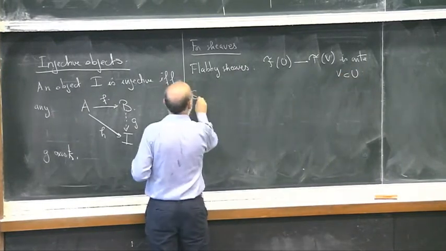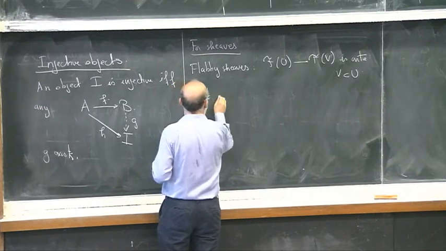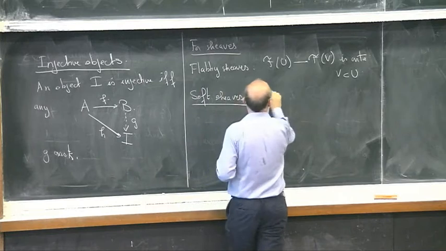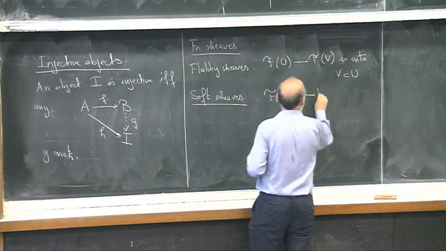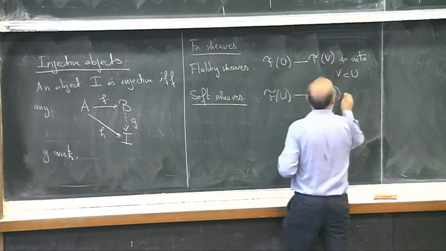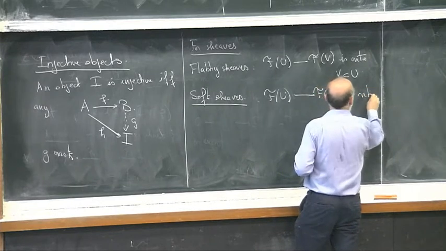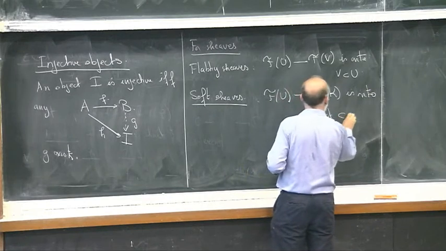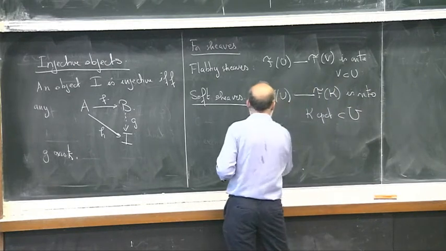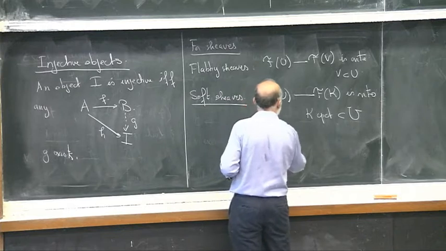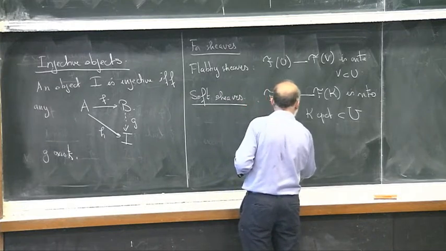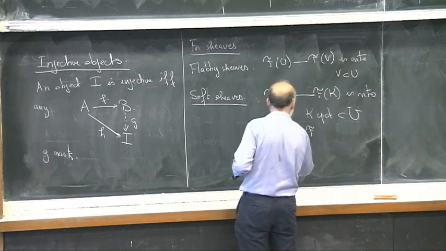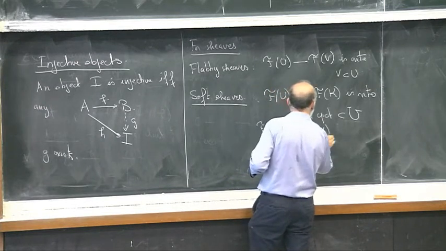And there's a slightly different, actually dual definition of soft sheaf, which are sheaves such that F(U) to F(K) is onto, and K is compact, of course, contained in U. And by definition, F(K) is just the limit over the open sets V containing K of F(V).